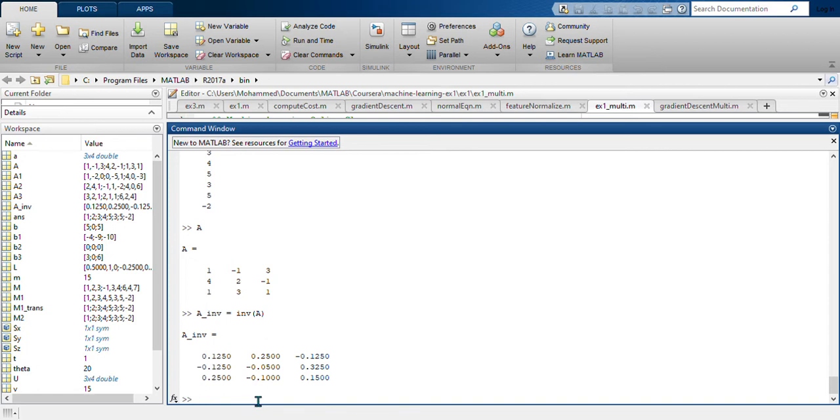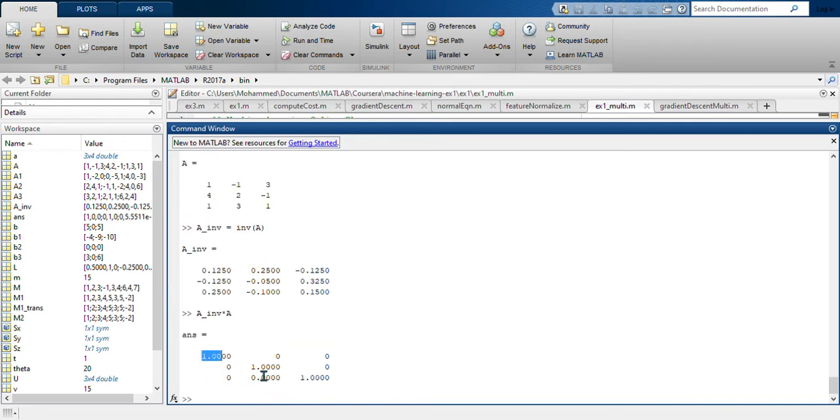What is the property of the inverse matrix? If you multiply the inverse of a matrix with the matrix itself, that should give us the identity matrix. You see here, the identity matrix contains 1 on the diagonal and 0 everywhere else. So the product of a matrix with its inverse gives us the identity matrix, where the diagonal elements are 1 and the off-diagonal elements are all 0.